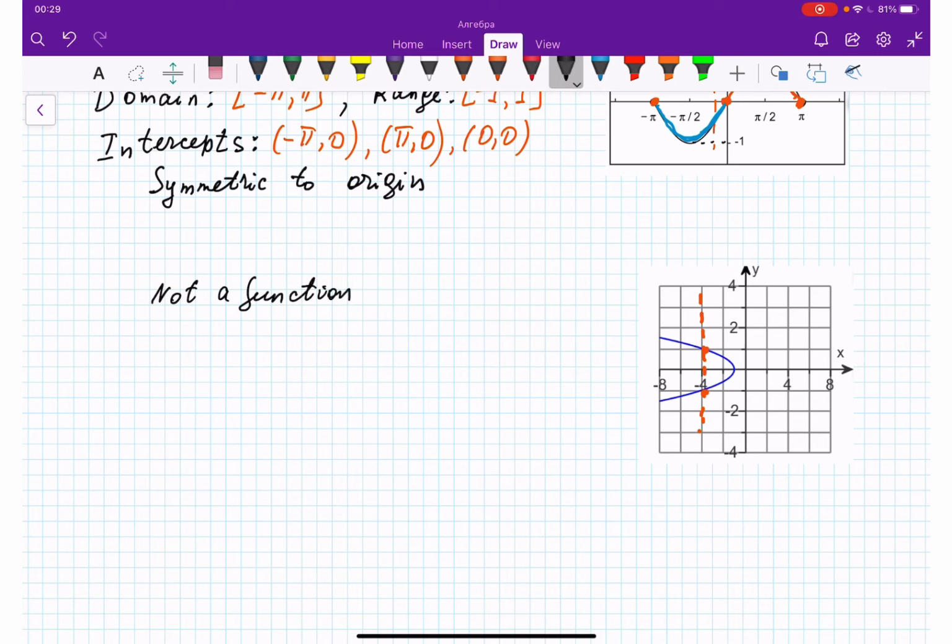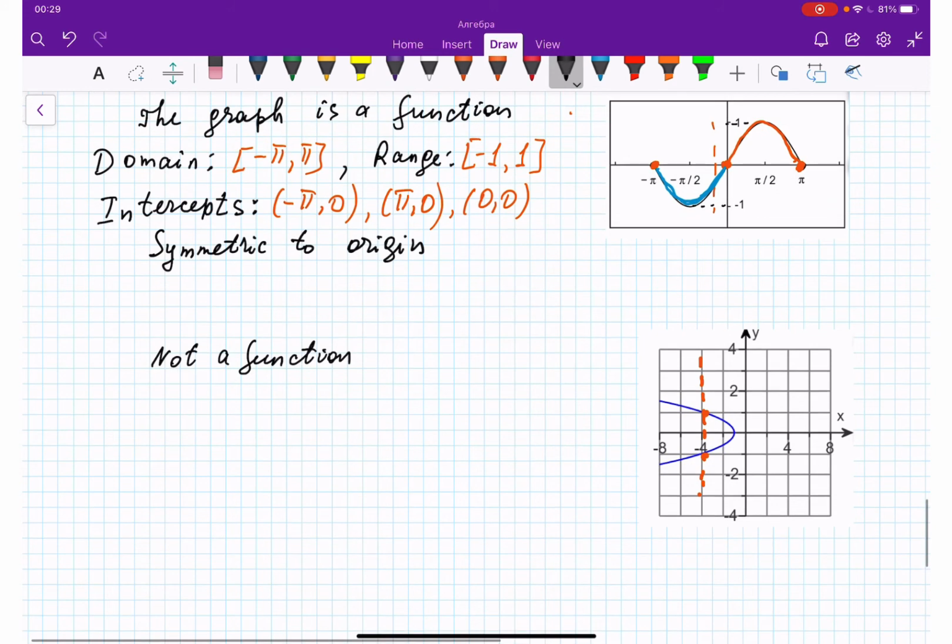Next, if it's not a function, then we don't need to identify domain, intercept, symmetry, right?